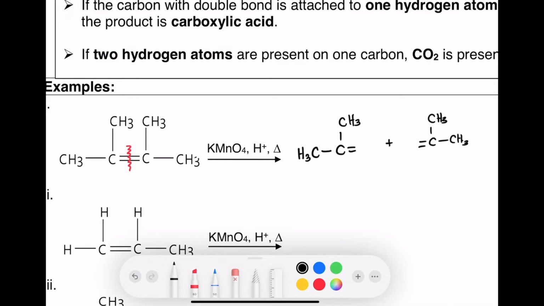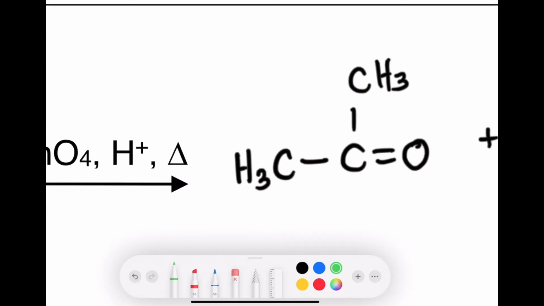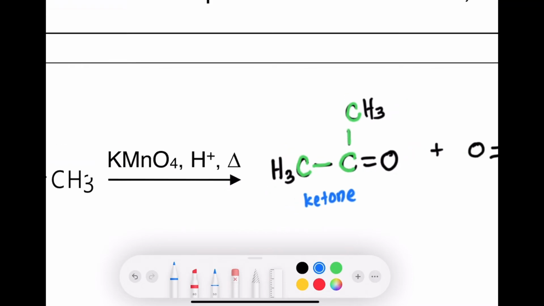And then, as usual, you are going to add O here. So let's take a look at this product. Now, this product has a carbon double bond O that is connected with one carbon and another carbon. This is also known as a ketone.